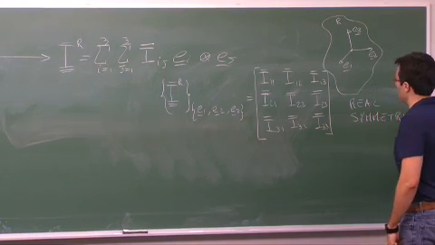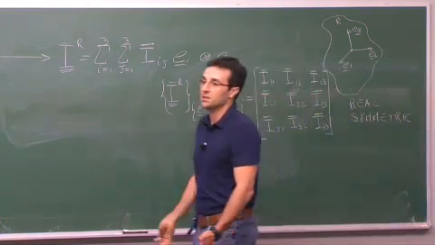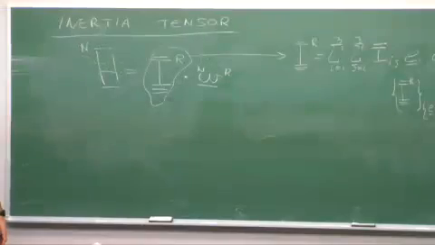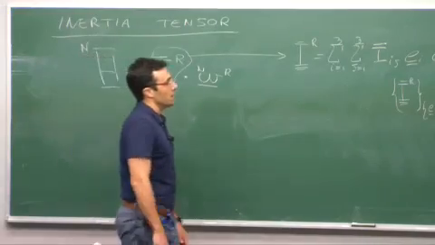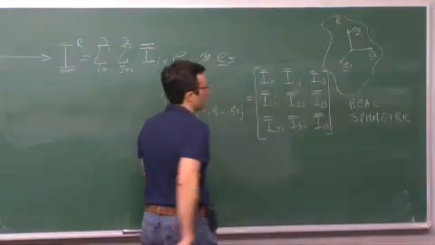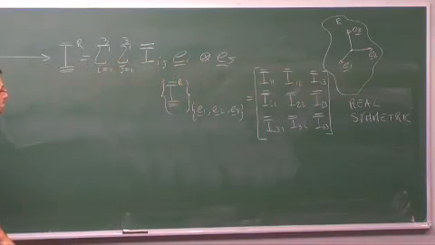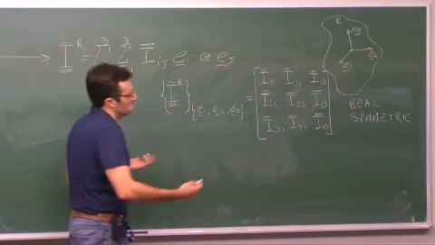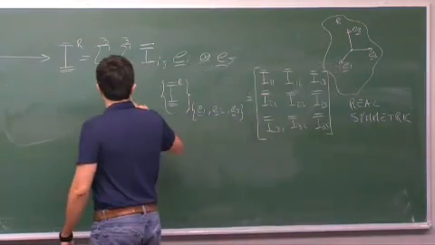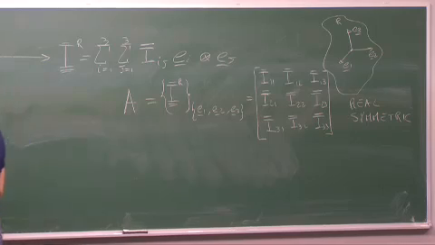go back to the definition of all these components. They are integrals over the body of products of distances squared times masses, so they give you real numbers, and we demonstrated that these off-diagonal terms are equal to each other, so it's a symmetric matrix. Let's just call this A. Now, being real and symmetric, first of all, means, what are the properties?